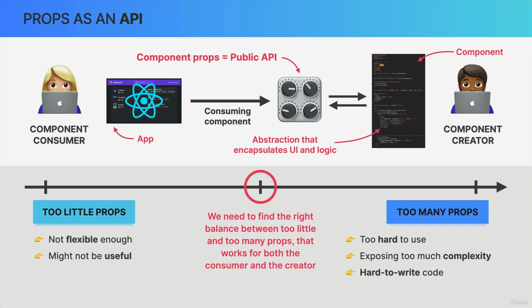Now, if for some reason you really need to expose so many props, make sure to at least provide some good default values for many of them. Okay, and as always, this will come to you with practice, but I thought that it was quite important to get you into this mindset of distinguishing between component creators and consumers. And so with that, we're ready to put this into practice.